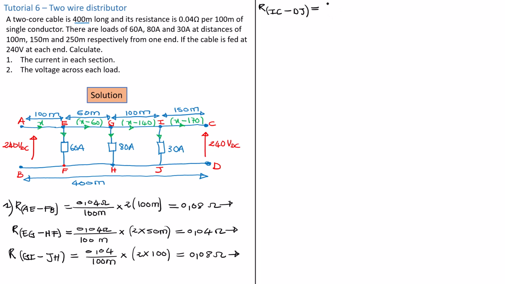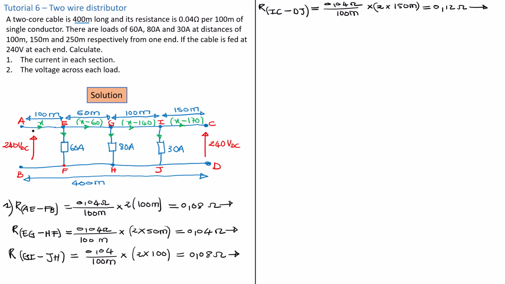And that is going to be equal to 0.04 ohm per 100 meters times 2 times 150 meters. And this gives us a value from the calculator of 0.12 ohm.